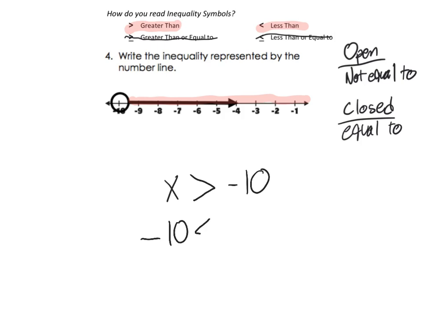So it'd say negative 10 is less than x. The thing that you need to remember, because both of these answers are correct, is that the negative 10 is on the smaller side. It always has to be able to be read so it says the same number sentence. So as long as negative 10 is the smallest one, you could write it either way.